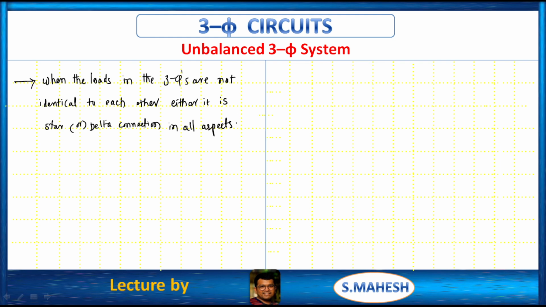Okay, when the loads in the three-phase system are not identical to each other, either star or delta connection in all aspects, then the system is said to be unbalanced system, right? Now, what are the reasons to get the unbalanced system?